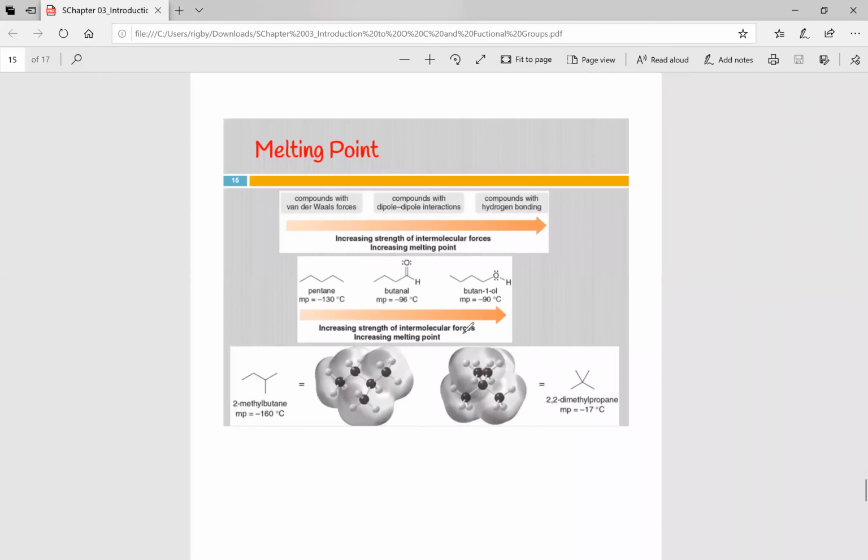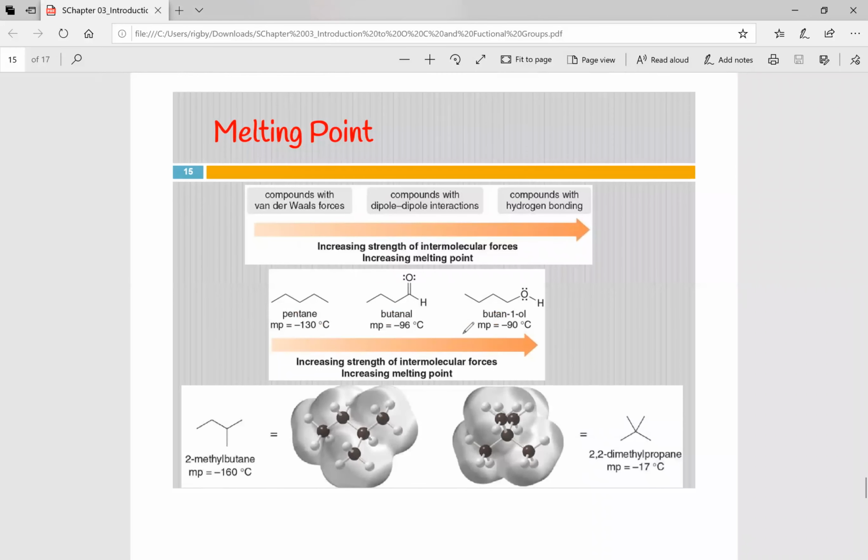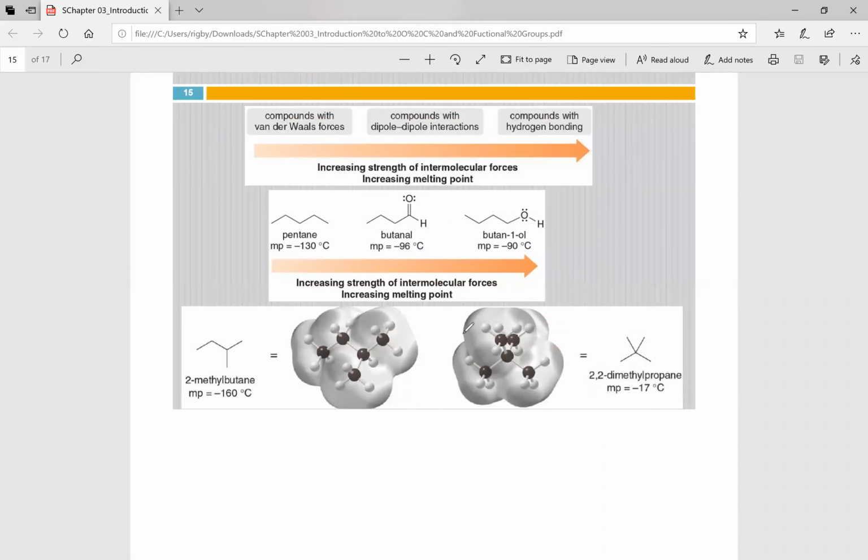Oh, and one more thing to note about melting point is usually you will go by the different intermolecular forces, but sometimes when they have the same amount of intermolecular forces, like here, they both only have van der Waals forces, the one that can pack together more tightly or more orderly, such as in this case 2,2-dimethylpropane, which is smaller, is easier to fit together.